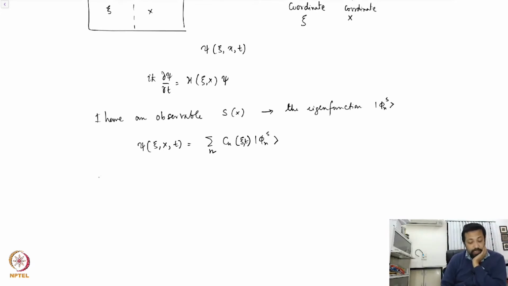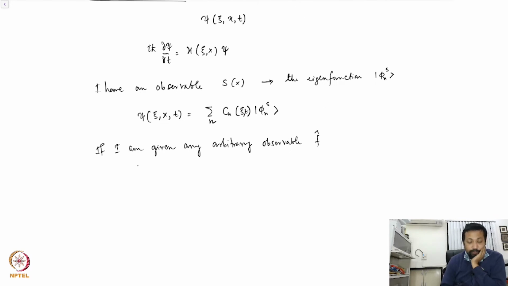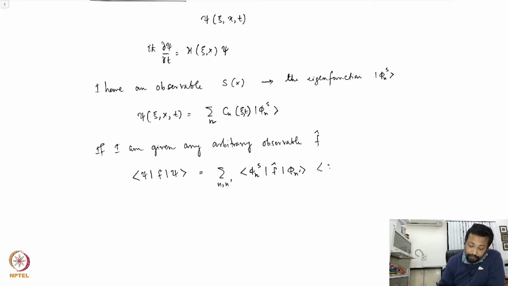Good. So if I am given any arbitrary observable f, and I want to calculate the expectation value of f, then you see that I can write this as a sum over n, n prime, of φ_n' and I'm going to have C_n(ψ, t) times C_n'(ψ, t).